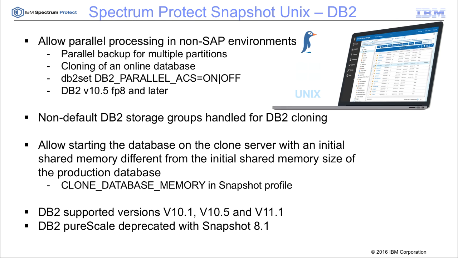Okay, so moving on to Spectrum Protect Snapshot for UNIX. The first thing we're going to talk about is the DB2 support in Spectrum Protect Snapshot for UNIX. Prior to version 8.1, we did allow parallel processing for multiple partitions in a SAP environment that was using DB2 as a backend.